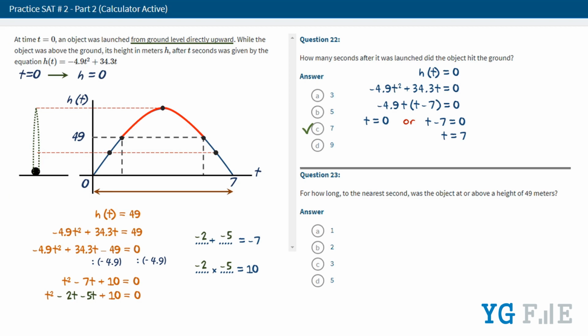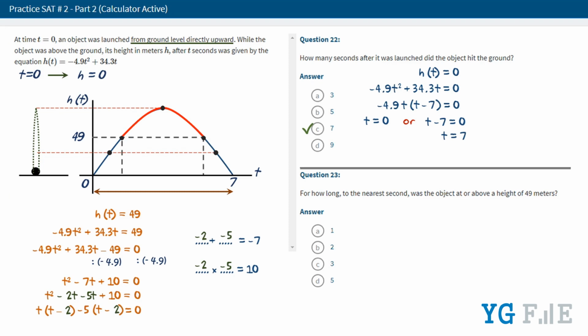factorize the first two terms and the last two terms. The first two terms have a common factor t, so we factor out t and we get t times t minus 2, and the common factor of the last two terms is minus 5. If we factor out minus 5, we get minus 5 times t minus 2, and this equals 0.